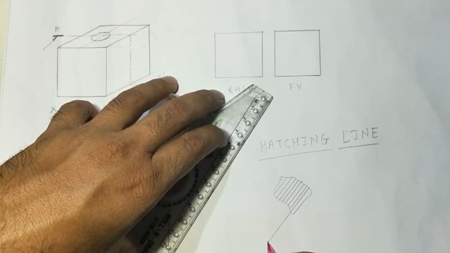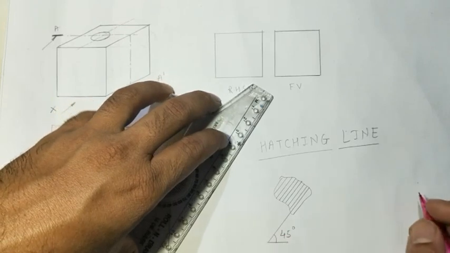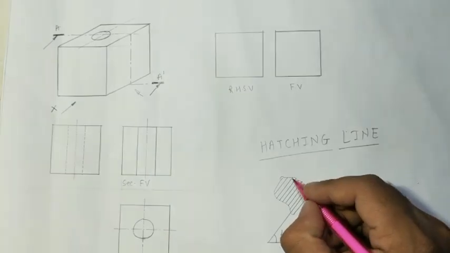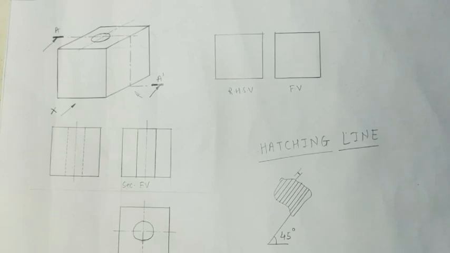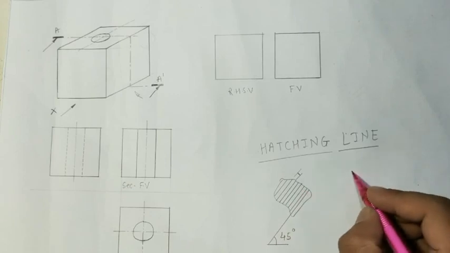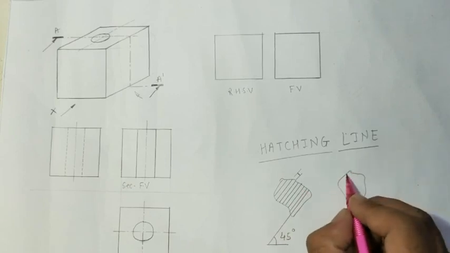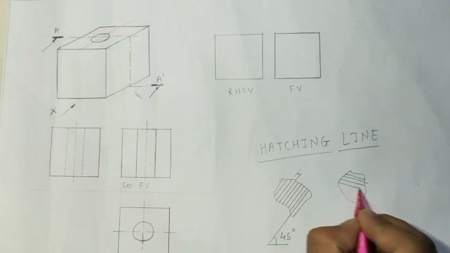So this angle is 45 degrees, and these hatching lines have a spacing between them of approximately 2 to 3 mm. You may represent the surface with the hatching line in this direction, or if you want to show the hatching in the opposite direction, you can do this also.